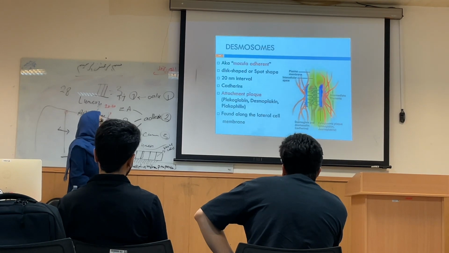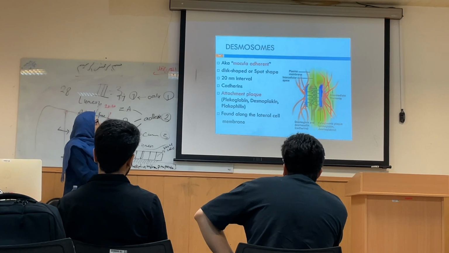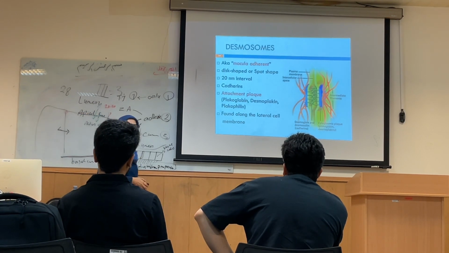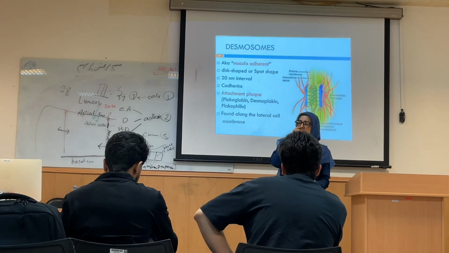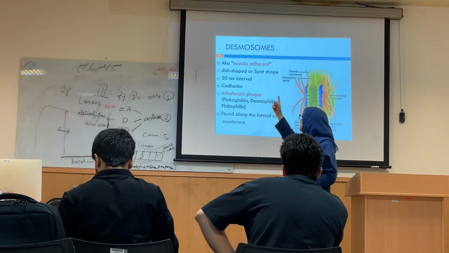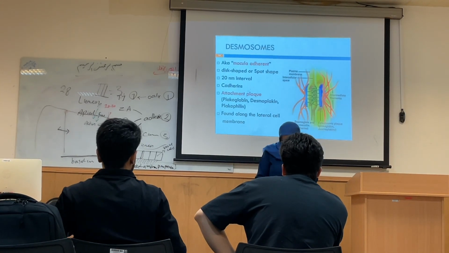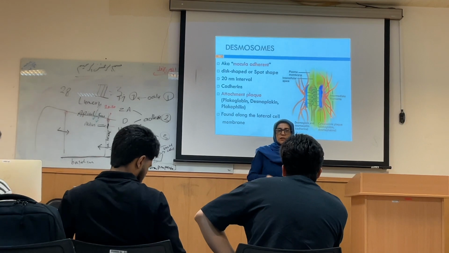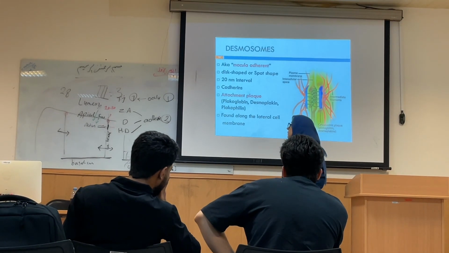There is another type of anchoring junction in the lateral surface, the desmosome, or macula adherens. It is like a plaque: as the tight junction is like a zip, the desmosome is like a button. They are not in all parts; just in some parts they attach the membranes together.